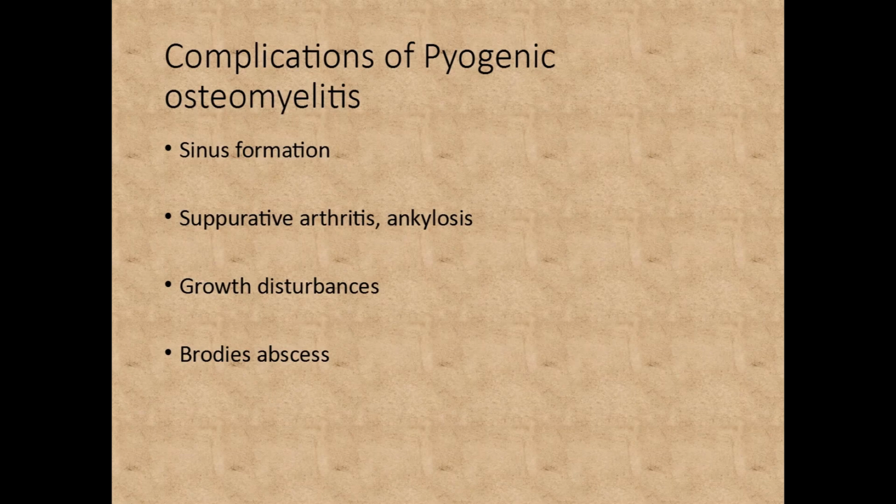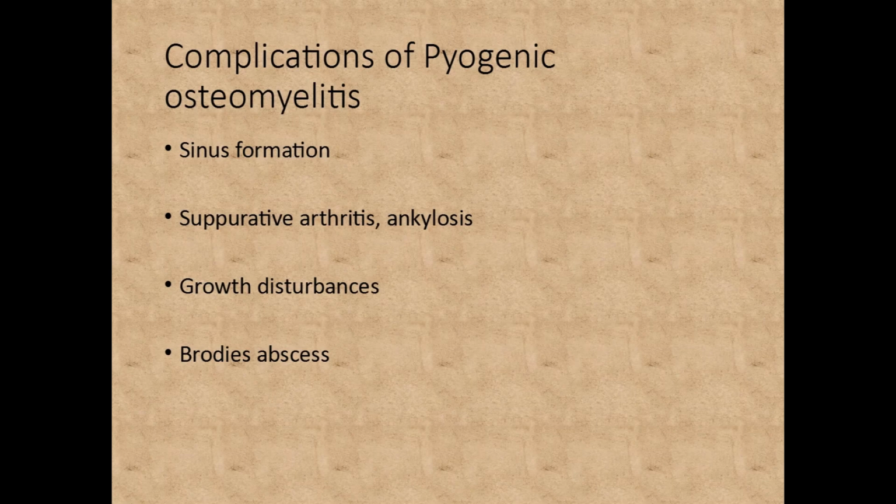This sinus tract further has its own complications. In some patients, there can be tumors developing from the sinus tract like squamous cell carcinoma and such. The second complication is suppurative arthritis. During the pathogenesis, we saw that the abscess collection trickles down into the bone marrow, right?